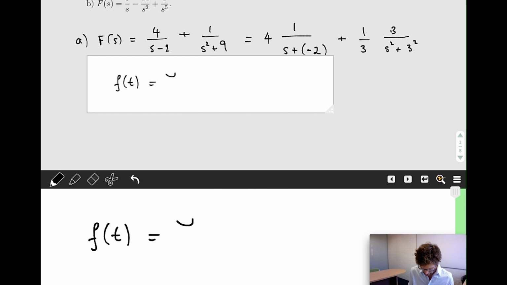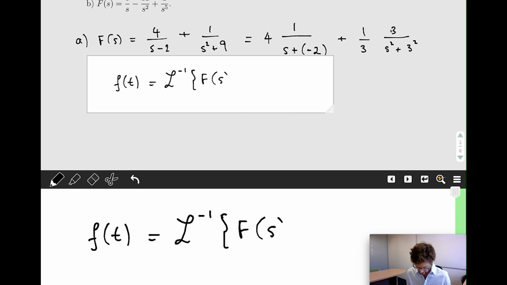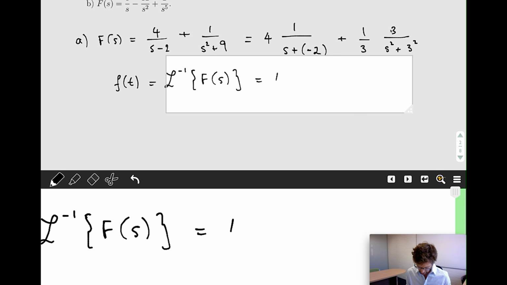We can write that as a curly L again, with a minus 1 superscript in the top right hand corner. So what we mean by that is that this is the inverse Laplace transform. It cancels out a Laplace transform. So I'm looking for the inverse Laplace transform of this function big F of s. And we've seen that the inverse Laplace transform of 1 over s plus a is e to the minus at.